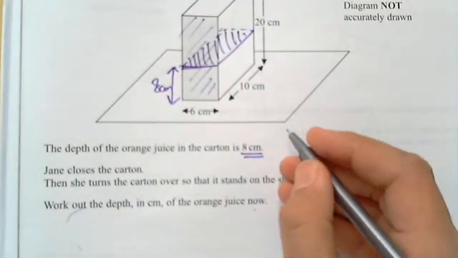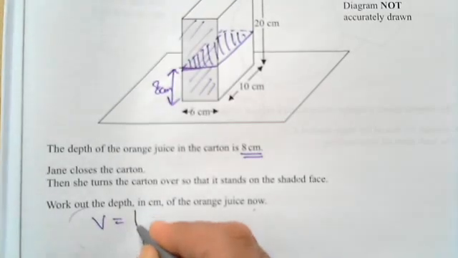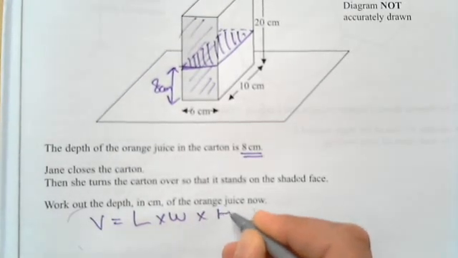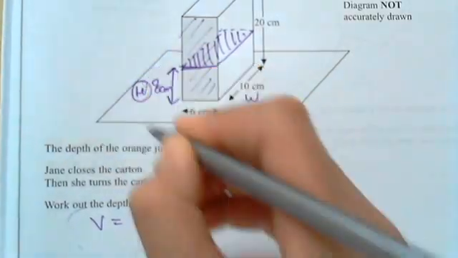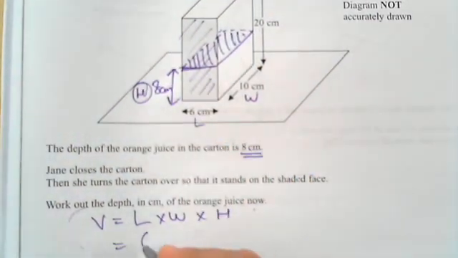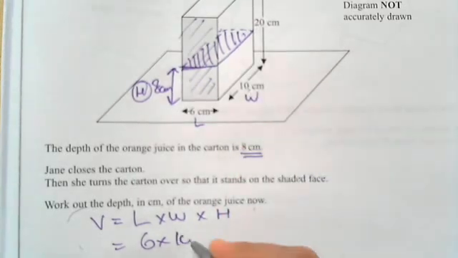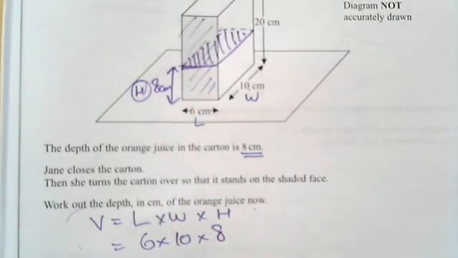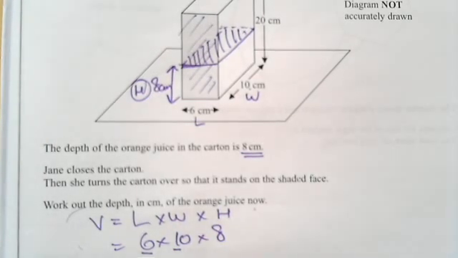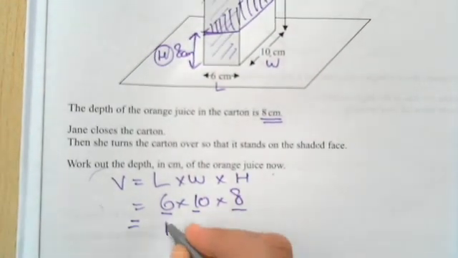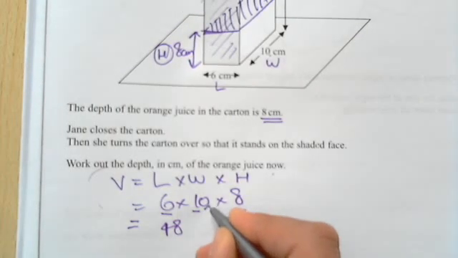So we say volume is equal to length times width times height. My length is 6, my width is 10, and my height is 8. To make it easy, 6 times 1 is 6, times 8 is 48, and then put the 0 back on.